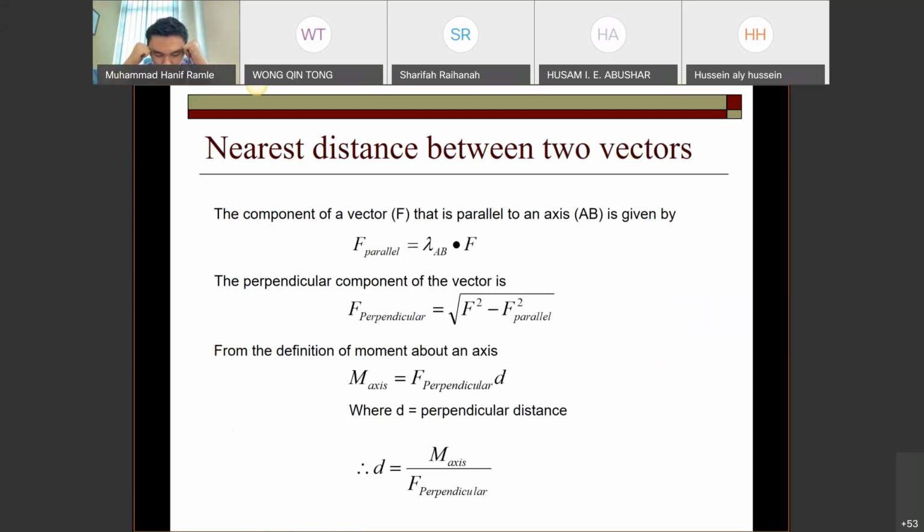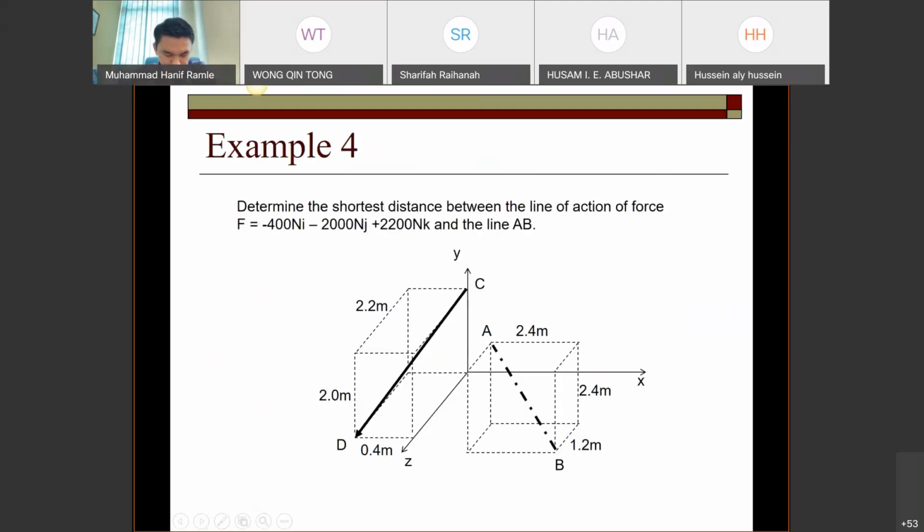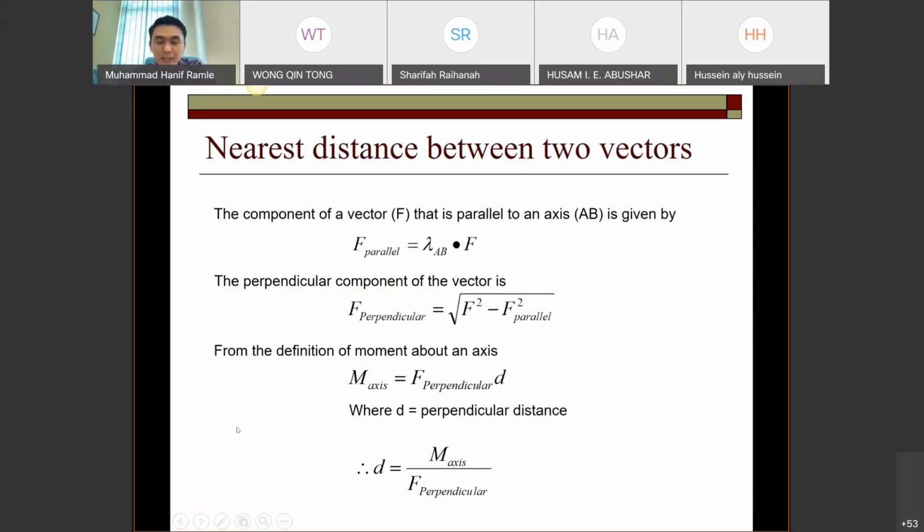The first thing that we have to know is the equation. The component of a vector F that is parallel to an axis AB is given by F parallel equal to lambda AB dot F. Then we have another equation from the Pythagoras theorem: F perpendicular equal to square root of F power of 2 minus F parallel power of 2.